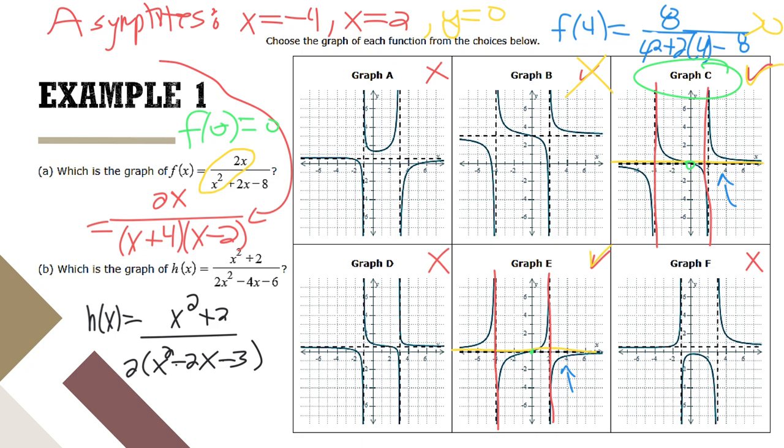Now notice the bottom is still factorable, so the top stays x squared plus 2. That is irreducible, it does not factor. But the bottom will be x minus 3 and x plus 1. So therefore, we have a vertical asymptote at 3 and a vertical asymptote at -1.